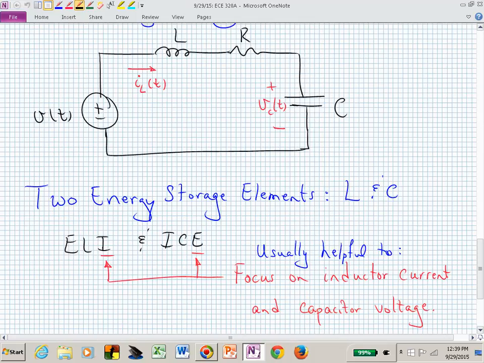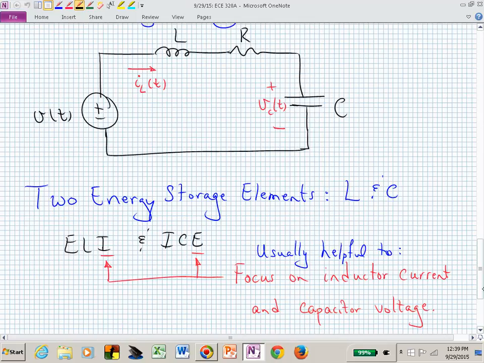In an inductor, you can say, oh, what's the last variable? That's the I. The current is probably the variable that we might want to try to write these equations in terms of. For the capacitor, it's the voltage. And those are the two quantities that are actually differentiated in the current-voltage relationships of the inductor and capacitor.